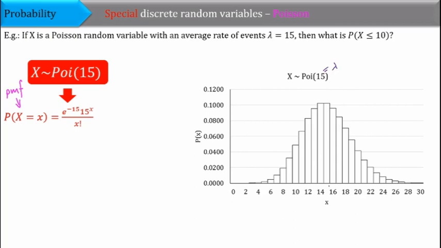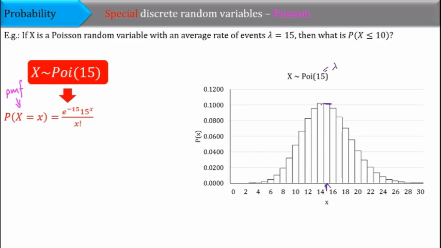You can see that the high bars are situated around 15, which is that one over there. In this case, the average is a whole number, 15, so it means that we can actually get an interval that contains 15 events. That's why you will have a bar sitting at 15, and you will see, of course, that 15 is the highest bar as well.